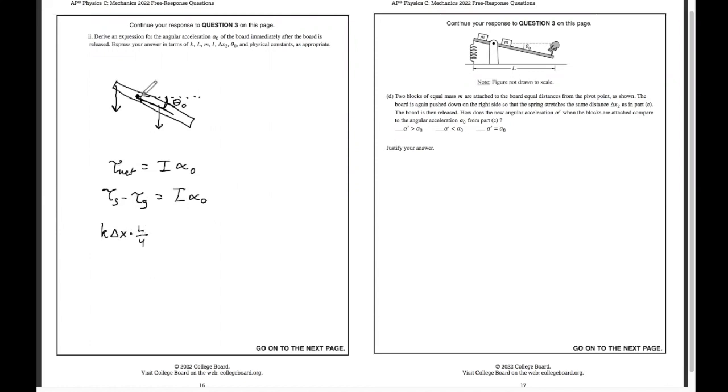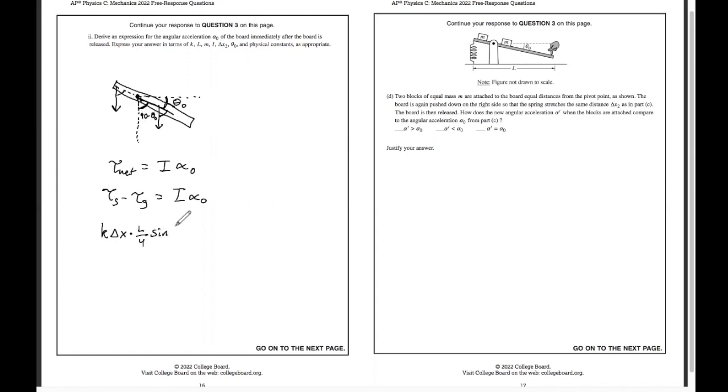Force times distance from the pivot point, but now we actually need to have an angle. We're going to require quite a bit of geometry right here. If I draw another line, I notice that this angle right here is 90 minus theta naught. So therefore this angle and this angle are both also 90 minus theta naught.